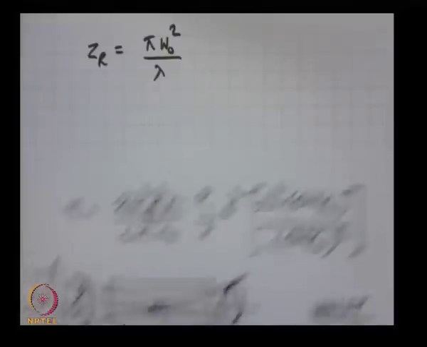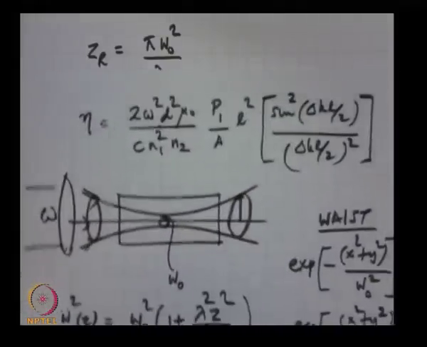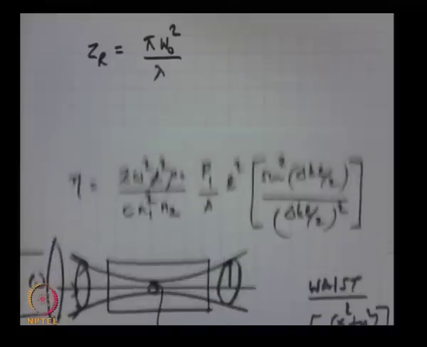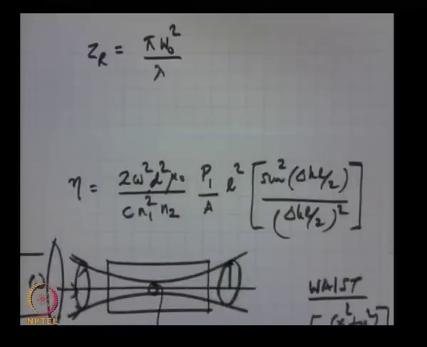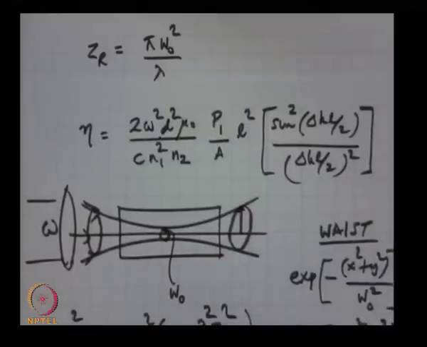When you choose a distance equal to pi W0 square by lambda, then W of Z at that point is √2 times W0. So I can approximately say that the beam maintains its cross section over a distance of the order of ZR. Beyond ZR, the spot size of the beam becomes more than √2 times W0.